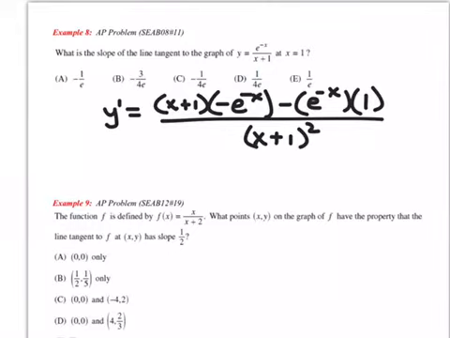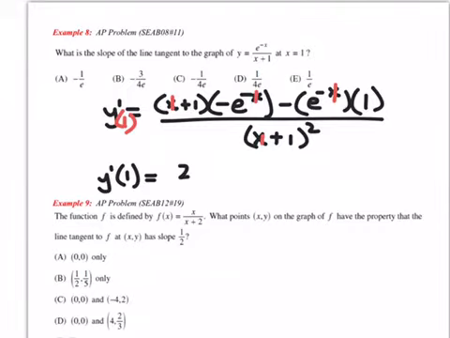So if I want y prime of 1, I plug in a 1 everywhere that I see an x, and we simplify. So y prime of 1 would equal 2 times negative e to the negative 1.